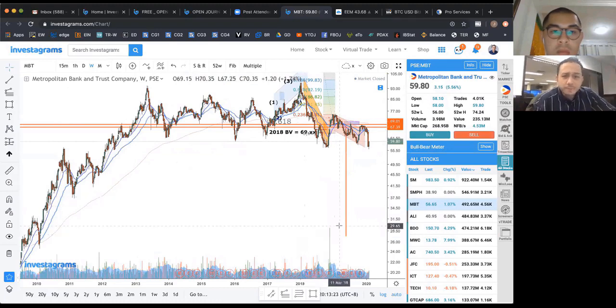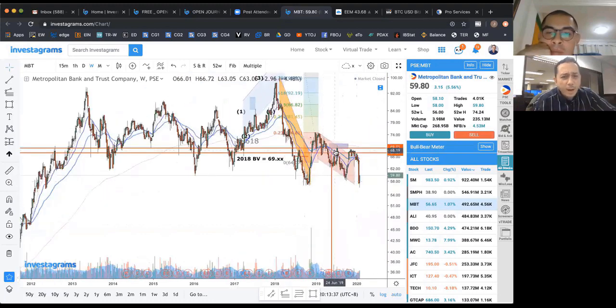But that's a discipline. We follow price. And every time I've had a price that was too good to be true or too bad to be true in the past, tumatama siya eh. And that's just the experience of following price. So you have Metrobank. Metrobank pretty much looks like BPI.